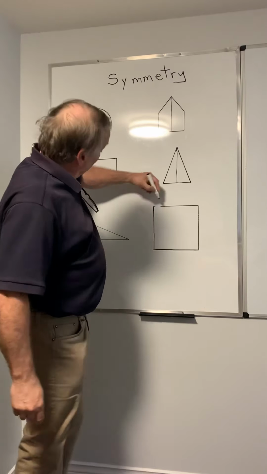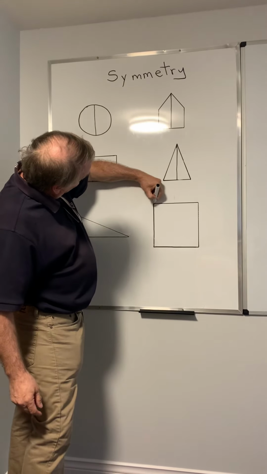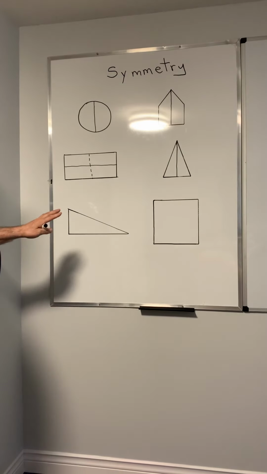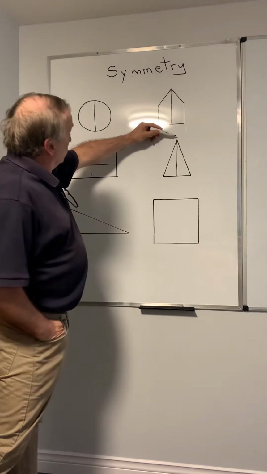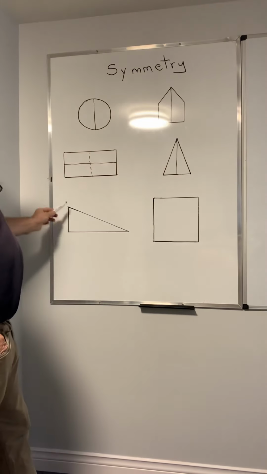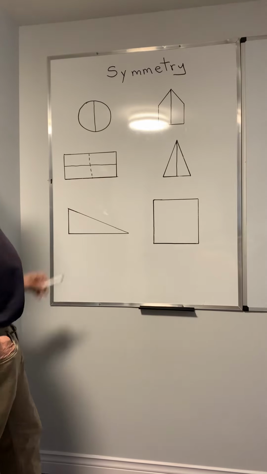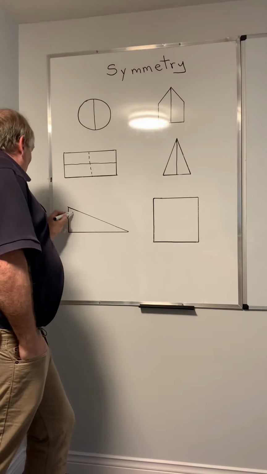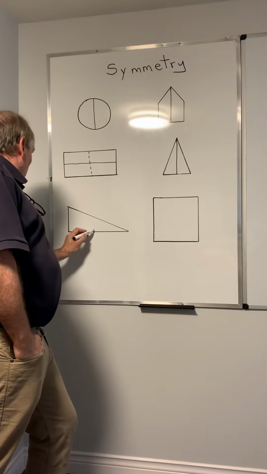Now I'm going to look at this triangle. If you look at this one, it's got two sides that are the same length. This one doesn't have any sides that are the same length. So if I try to do it this way, it doesn't work.